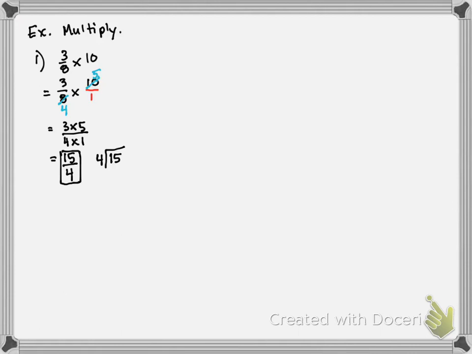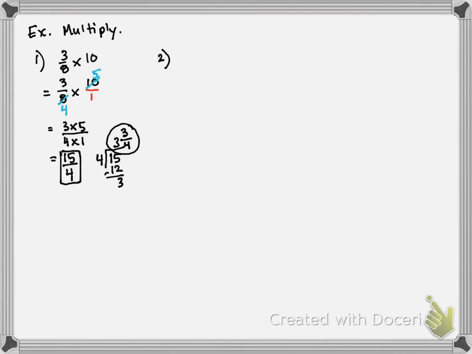So we just do a long division, because remember the division symbol and the fraction bar, they're interchangeable. So 4 goes into 15 3 times, which is 12, with a difference of 3. We take that remainder, it's going to become the numerator of our fraction remainder, and the denominator is the divisor. So another version of the answer would be 3 3/4.